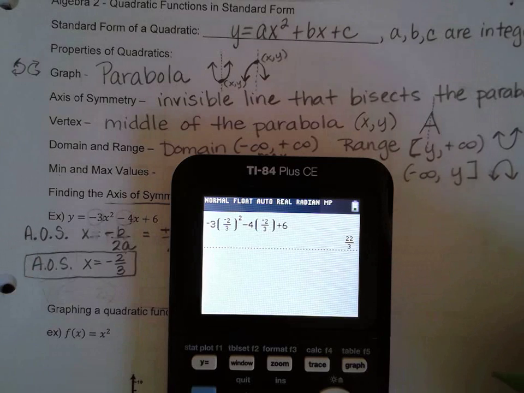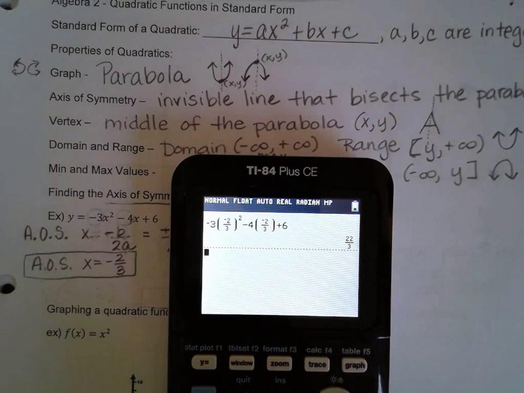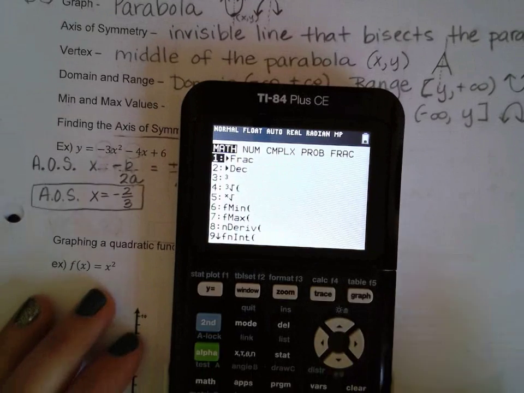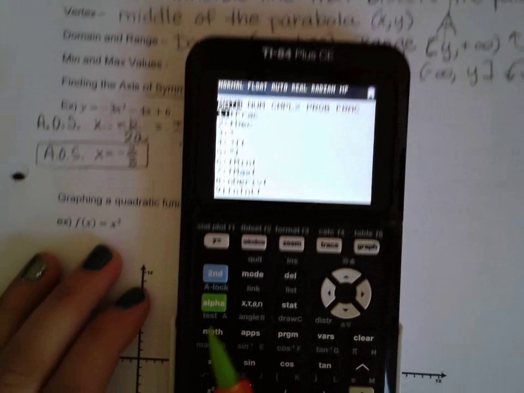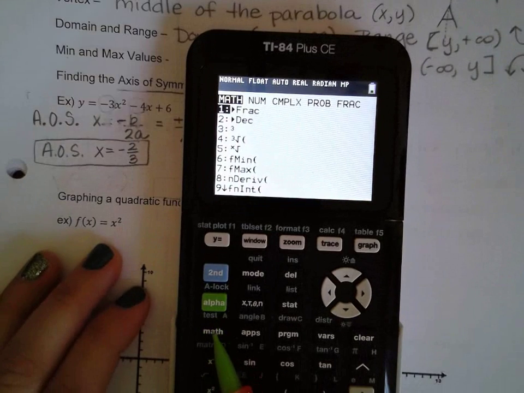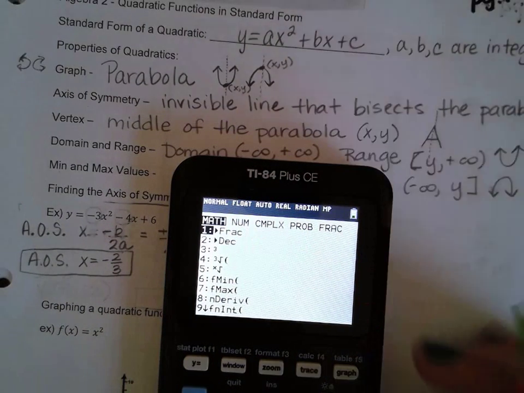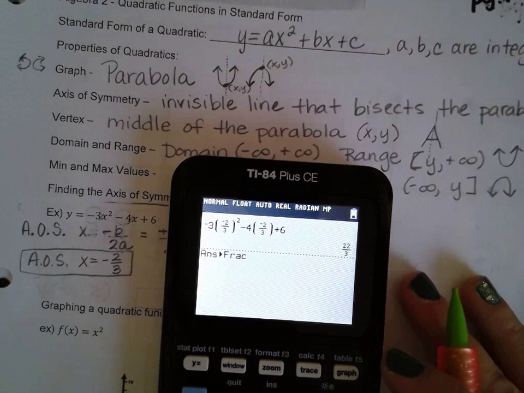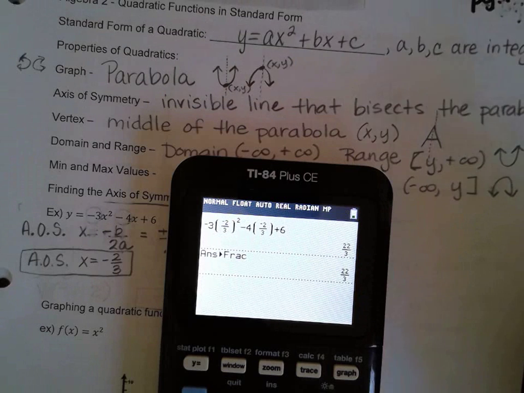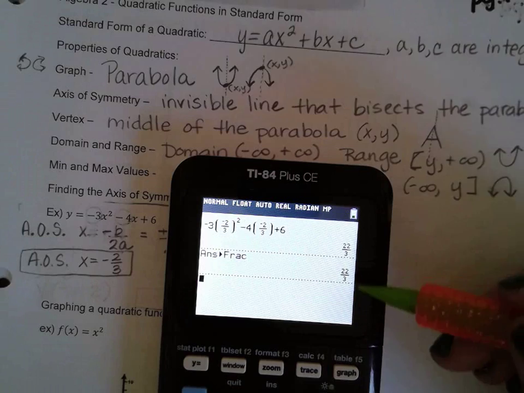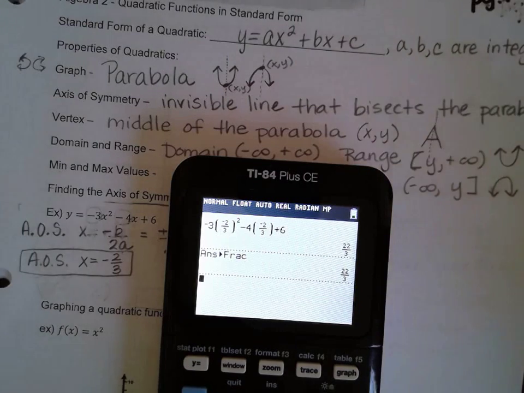Now, if you got a decimal answer, that's okay. If you want to change it to a fraction, you go to the math button right here on your calculator. We used it a lot in the radicals section. Then choice number 1 is to fractions, changes it to a fraction, hit enter. I already had a fraction, but if you have a decimal, it will change it to a fraction for you.